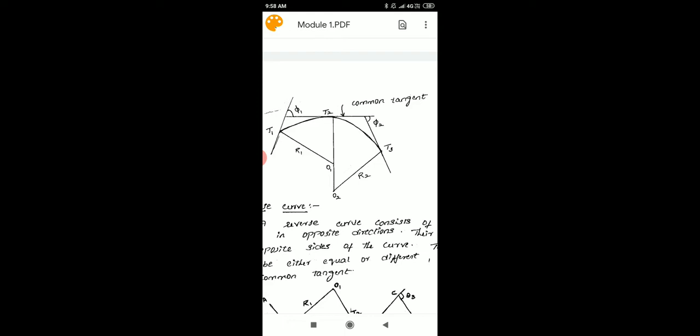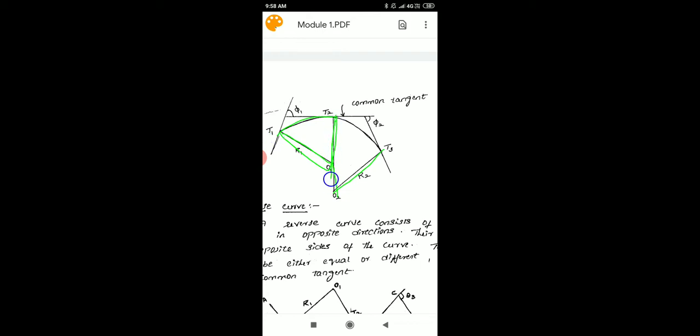See here, I will explain the compound curve. This is the first one, with radius R1, and this is radius R2, and this is also a common radius. By using these radii, one curve will appear.